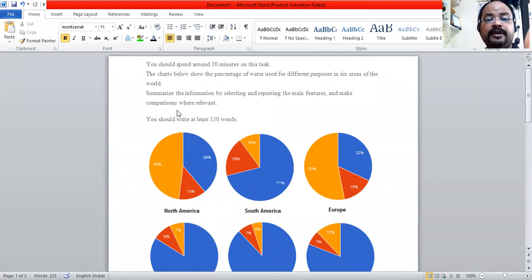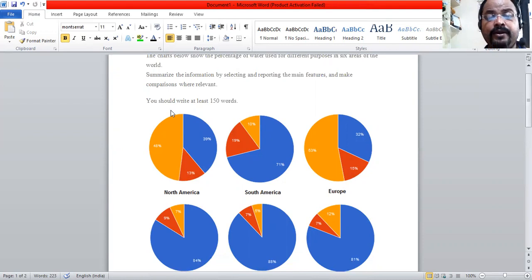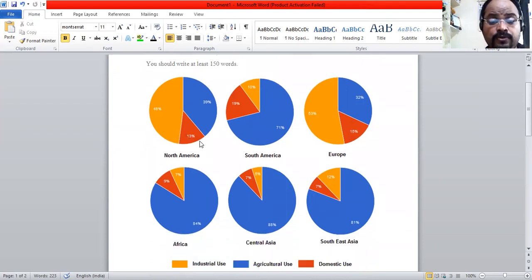It is the percentage of water which is used for different purposes in 6 areas of the world. So it's an estimation, and you can see out of the total use of water, in most of the regions, the biggest use, the highest use is for agriculture or irrigation purpose.